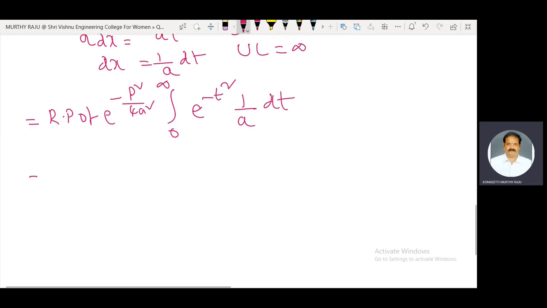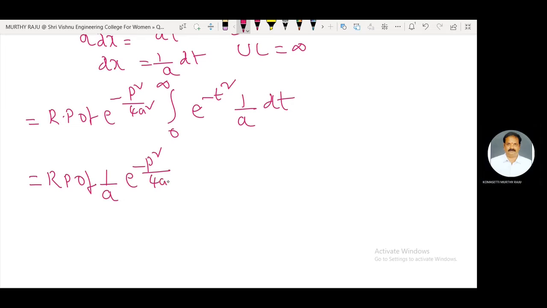That is equal to real part of, this one is 1 by a constant, bring out 1 by a e power minus p square by 4a square integral 0 to infinity e power minus t square dt.